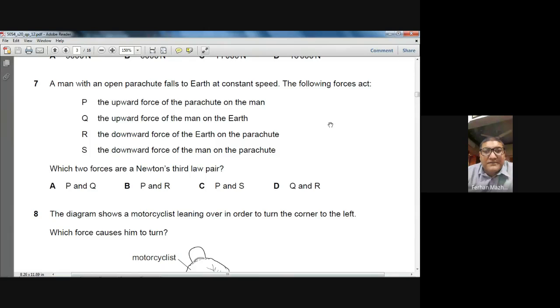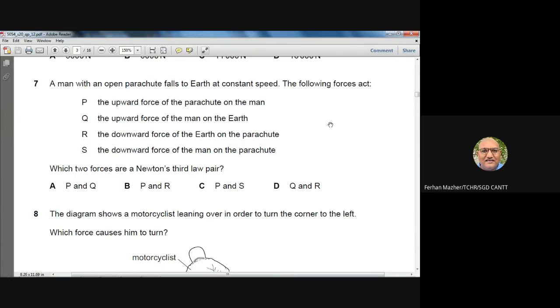Newton's third law pair forces, in that third law, the forces should be in the opposite direction, plus they should be acting on different objects. For example, body A applies force on body B, and body B will apply force on body A. For example, the parachute applies force on the man, and the man applies force on the parachute.